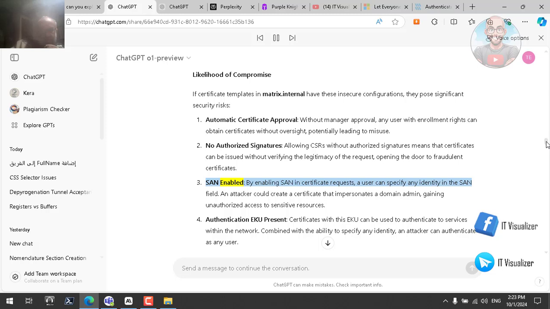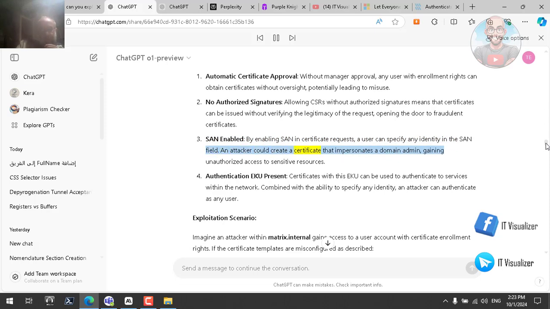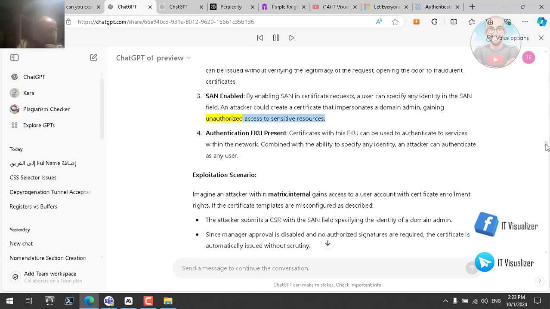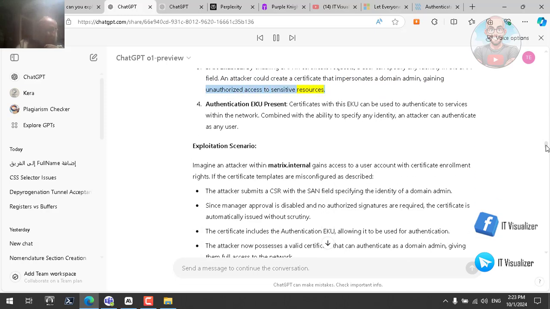SAN enabled. By enabling SAN in certificate requests, a user can specify any identity in the SAN field. An attacker could create a certificate that impersonates a domain admin, gaining unauthorized access to sensitive resources. Authentication EKU present. Certificates with this EKU can be used to authenticate to services within the network. Combined with the ability to specify any identity, an attacker can authenticate as any user.